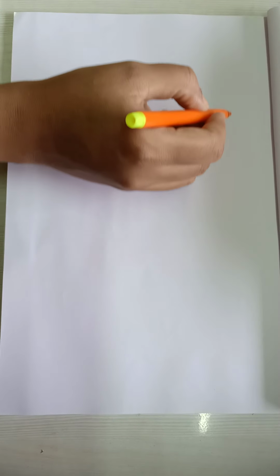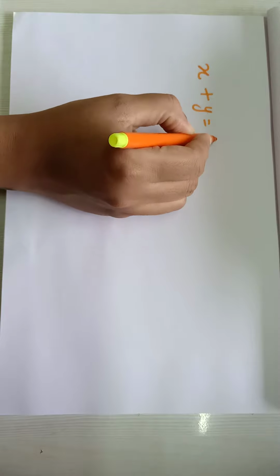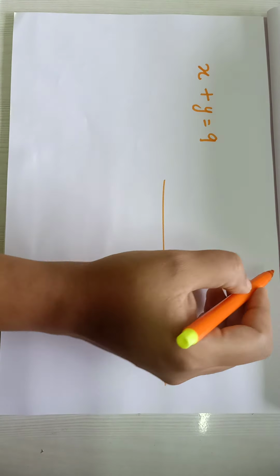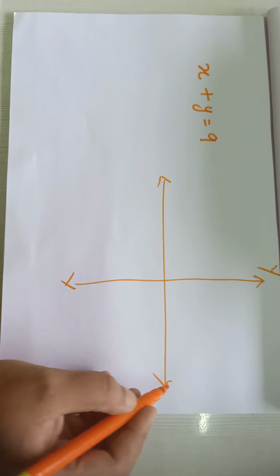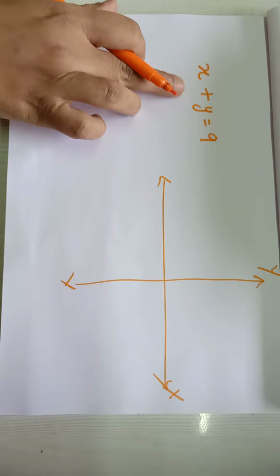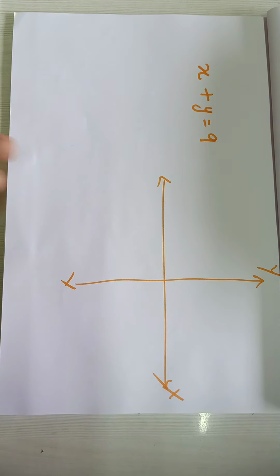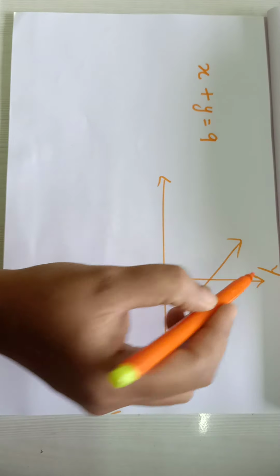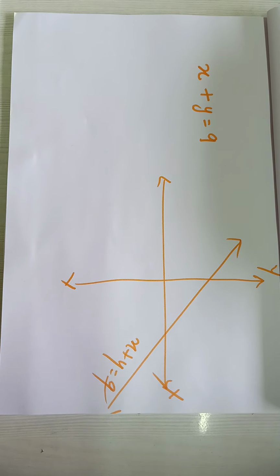So every equation, for example x plus y is equal to 9, when you draw it on the graph paper, suppose this is the y-axis and this is the x-axis, you will get a straight line. It can be in any quadrant. You will get one straight line. Suppose this is the line, x plus y equal to 9, graphically.